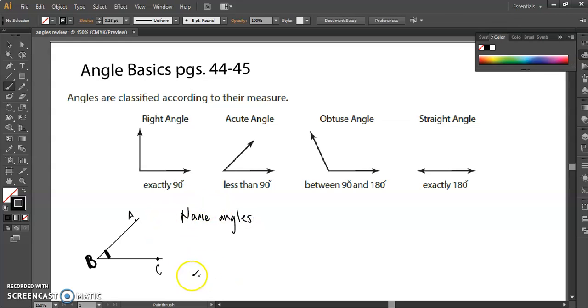There are 4 ways to name an angle, 4 different forms, however you want to call it.